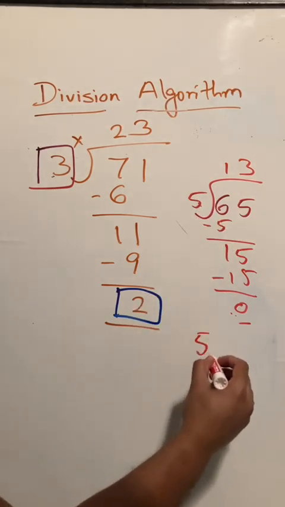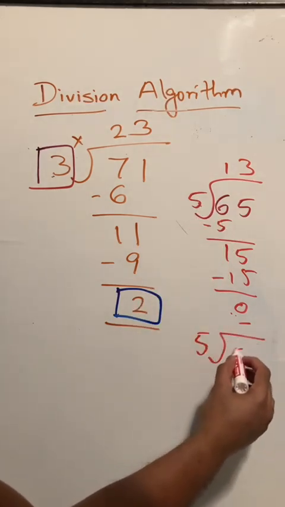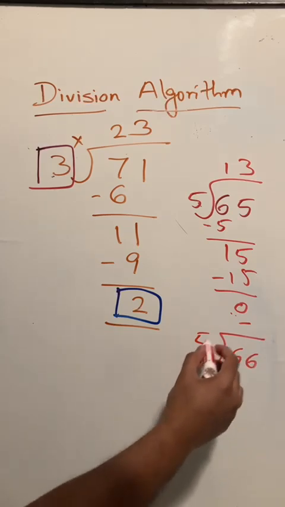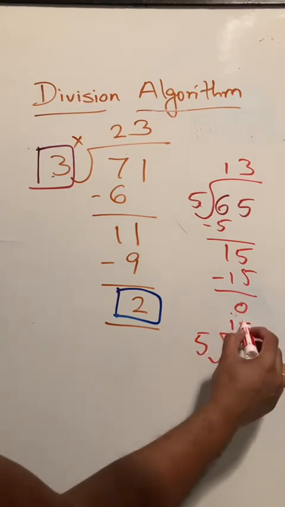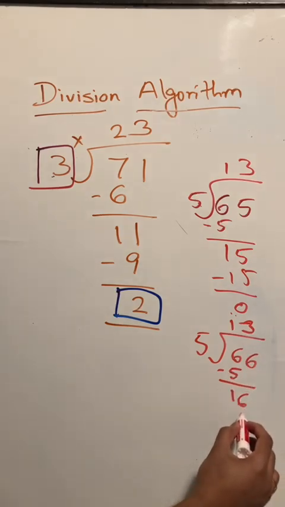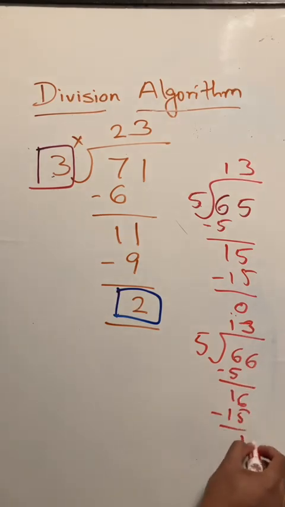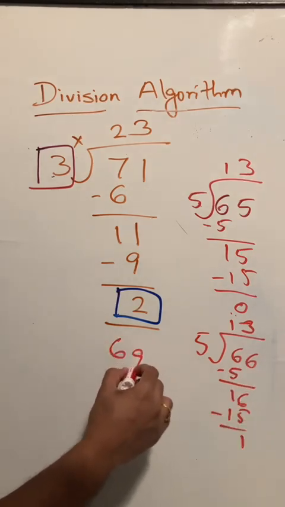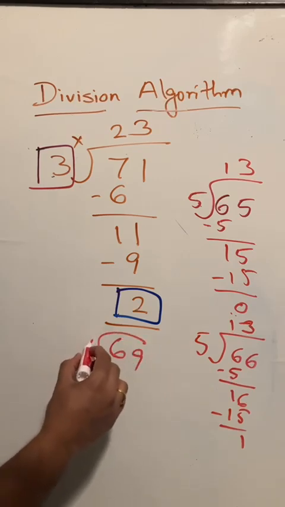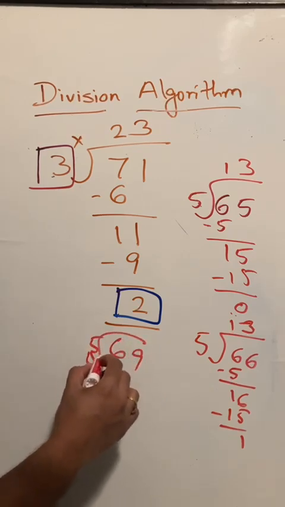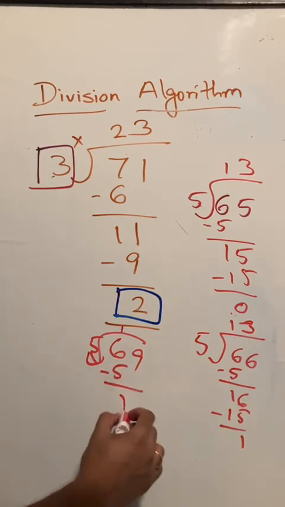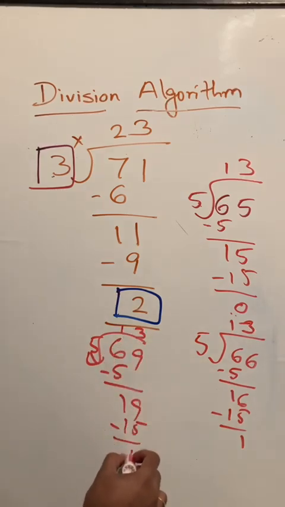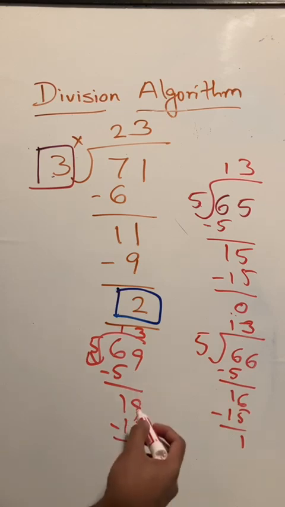Or let's take 66. 5 ones are 5, subtract, 16. 5 threes are 15, subtract, 1. If you take 69, 5 ones are 5, subtract, 19. 5 threes are 15. I got 4.